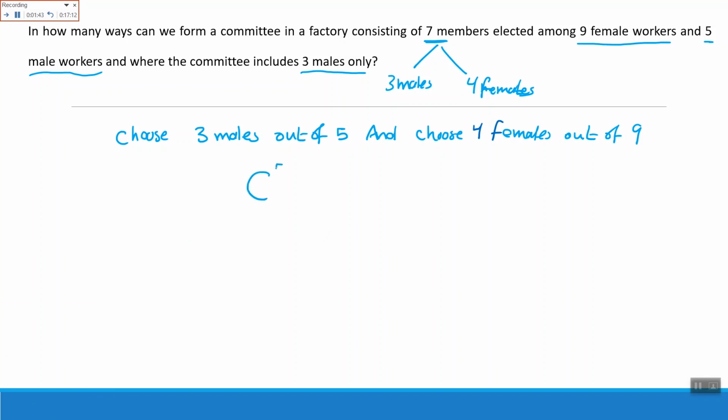So it's combination 5, 3, and multiplication combination 9, 4. This one can be reduced. It is combination 5, 2, which is lower, times combination 9, 4. So combination 5, 2 is 5 permutation 2 over 2 factorial multiplied by 9 permutation 4 over 4 factorial.